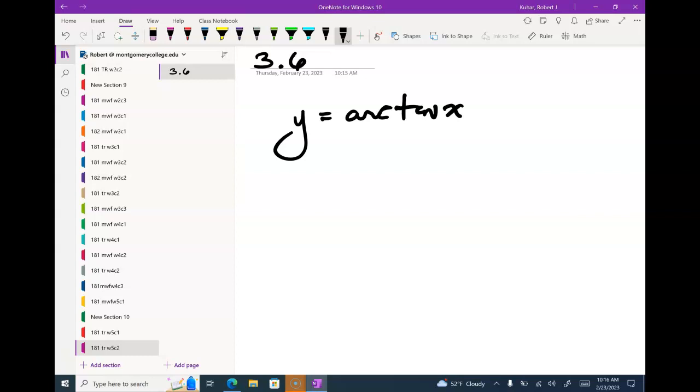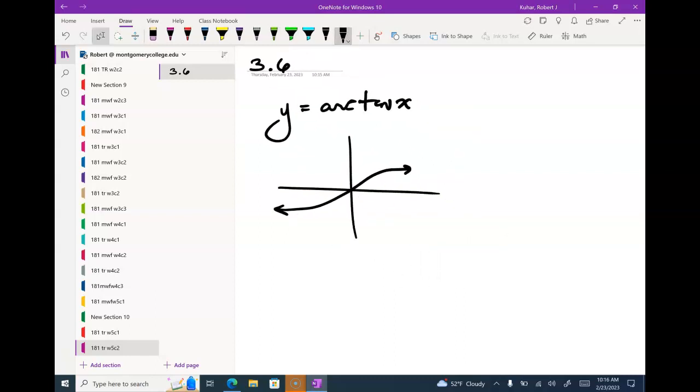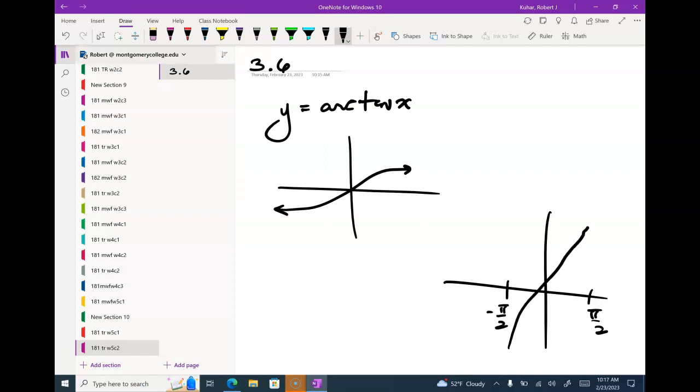If we graph this particular function, it looks an awful lot like which function? You recognize it? It looks an awful lot like the tangent function. Right?